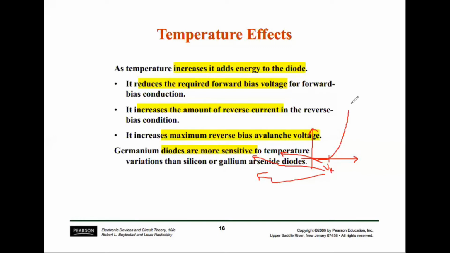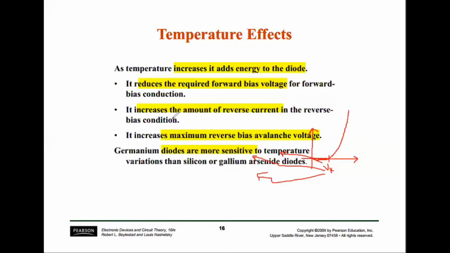But when the temperature is increased to 60 degrees centigrade, its knee voltage will be reduced to 0.29 or 0.28 volts and so on.